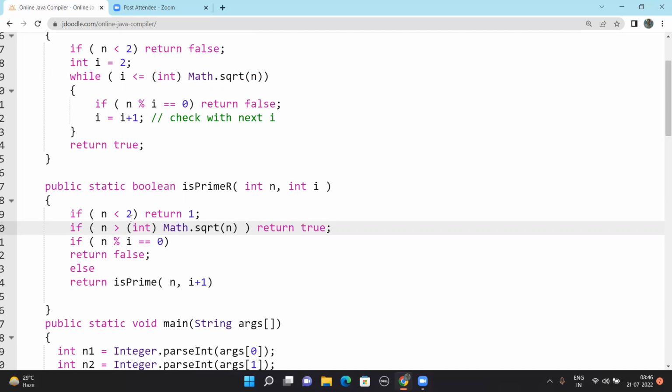So go to the maximum value of i. If you do not put this condition, it will end up in an infinite loop because i will grow infinitely. So there should be some terminating criterion. This is that.